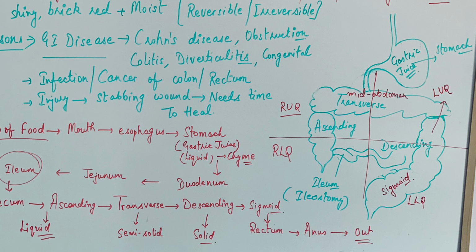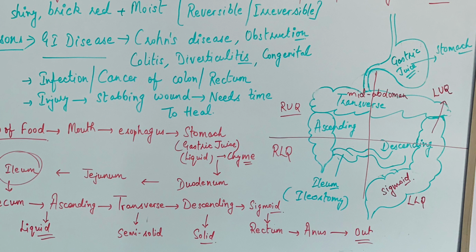In the ascending colon the absorption of water takes place, and in the transverse colon it becomes semi-solid. Further absorption of water takes place, and in the descending colon the waste becomes solid in nature. So you have to remember the type of stool in all these parts of the intestine.